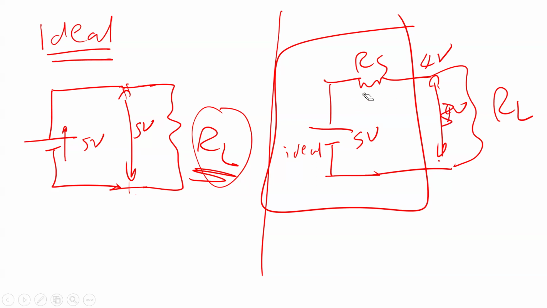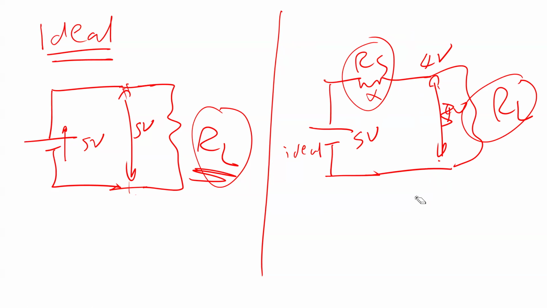But usually this resistance is a small resistance. If RL is a big resistance, sometimes we ignore this one, but you need to understand that practically there should be some resistance here. This can result in a voltage on the battery that is not exactly 5 volts, but maybe a little bit less than 5 volts.